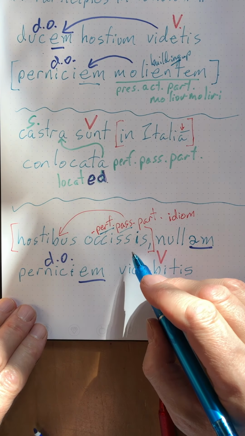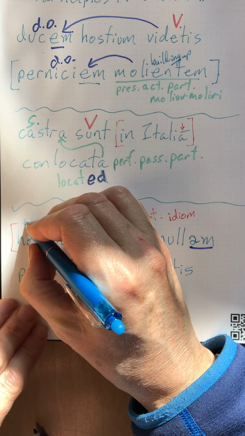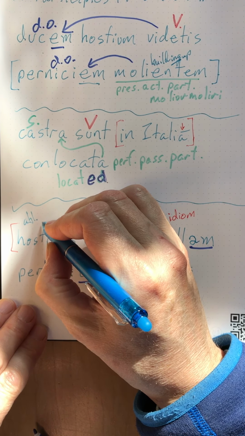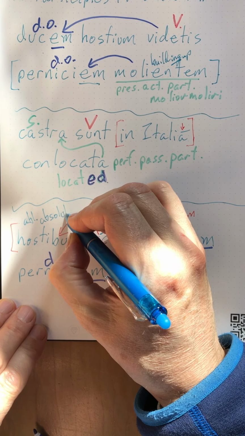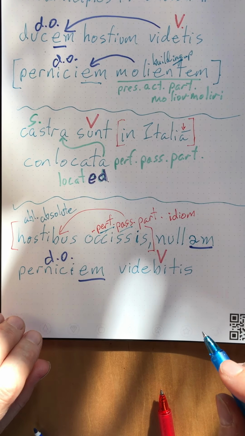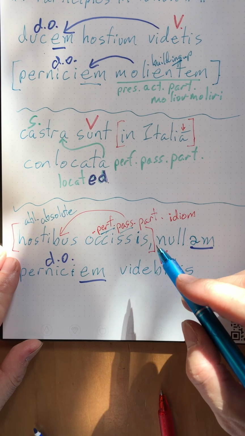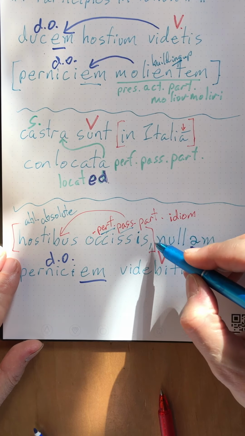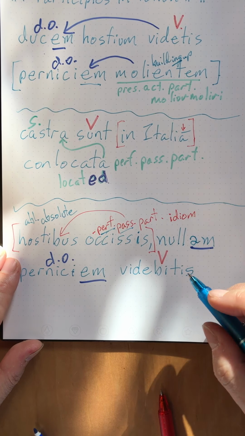You can see this is in the ablative plural. That's because this is an ablative absolute. Beautiful phrase in Latin. We really don't have something like it in English. They call it absolute because it has no connection to the people in the rest of the verb.